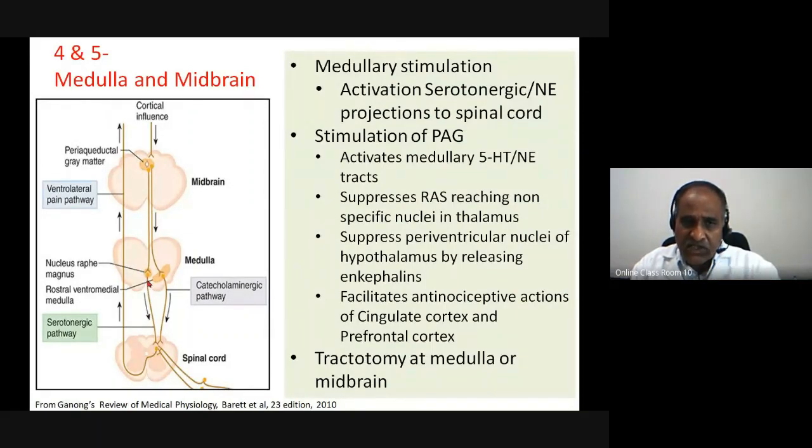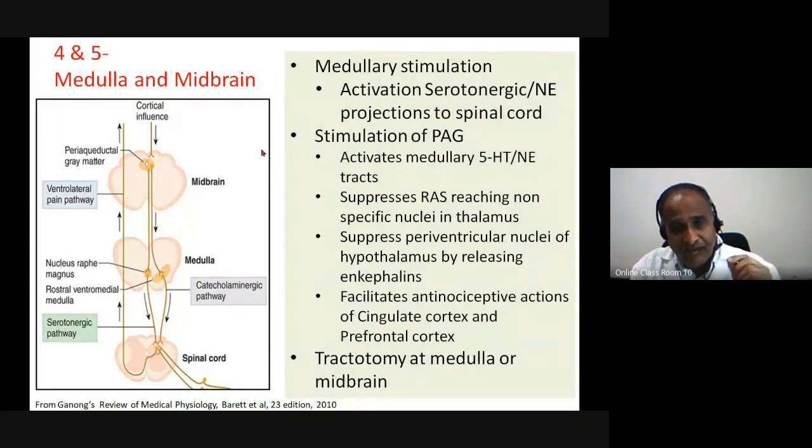If I stimulate this raphe nucleus, that would release a tremendous amount of serotonin. These raphe spinal neurons are serotonergic, and that would produce a tremendous analgesia, especially they will excite the neurons which release opiates. It's as good as giving morphine to the individual. So that means it produces analgesia.